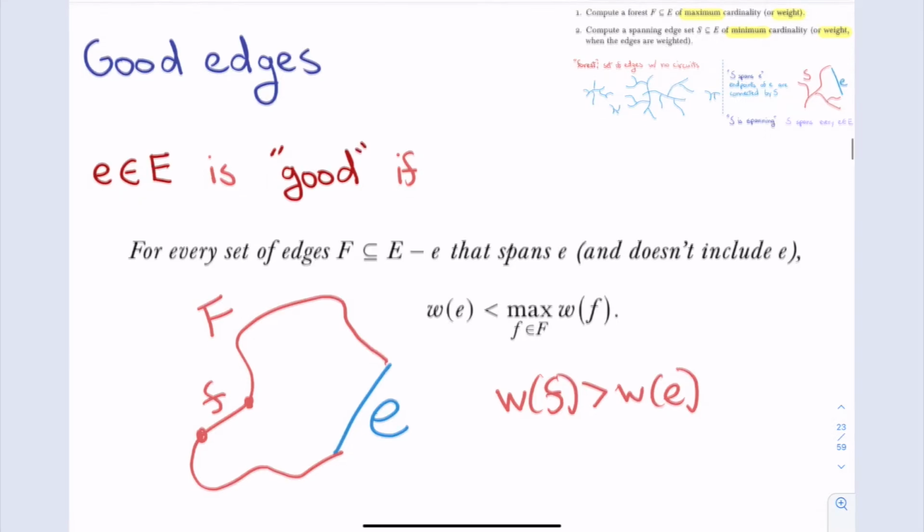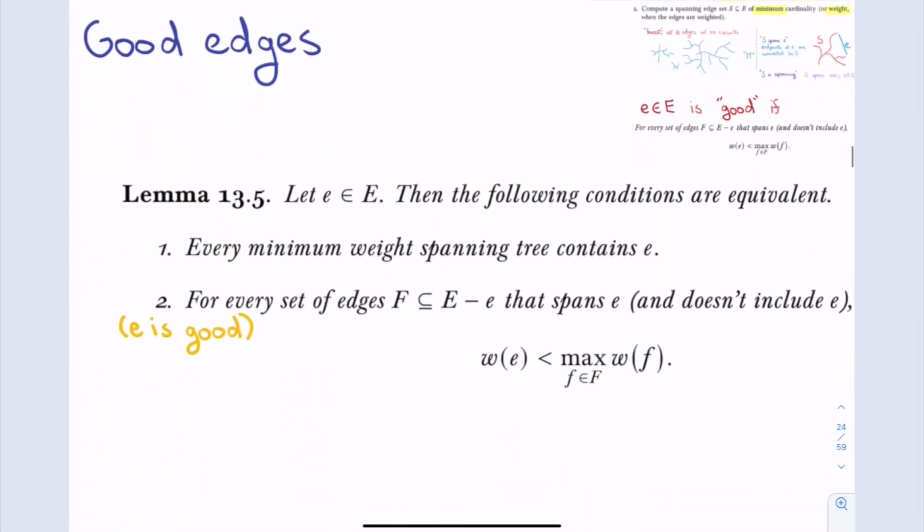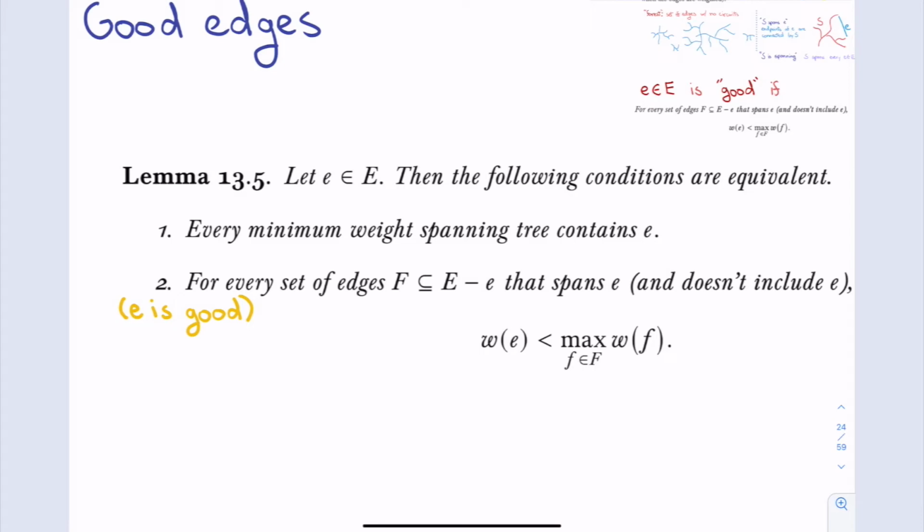So here then is a very strong lemma. It's saying that an edge is good if and only if it is in every single minimum weight spanning tree. There may be more than one minimum weight spanning tree. But it's saying that these edges are very safe.